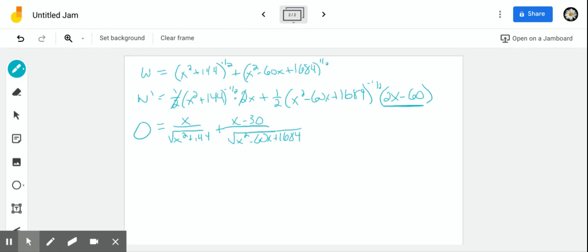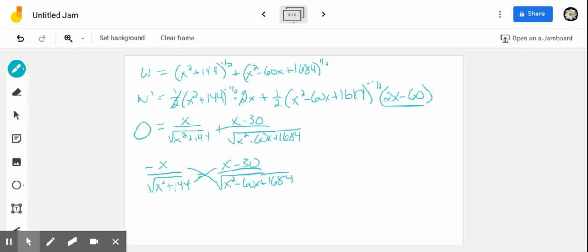So now, well, let's move one of these to the other side. Doesn't really matter which one. So we have negative x over the square root of x squared plus 144 equals x minus 30 over the square root of x squared minus 60x plus 1684. And now I'm going to basically cross multiply.